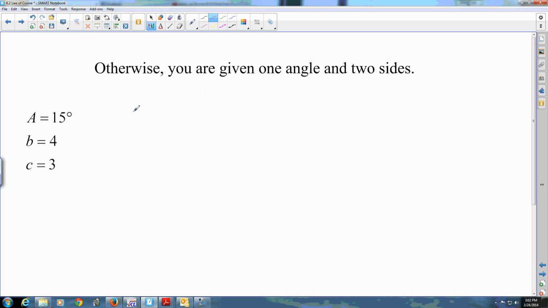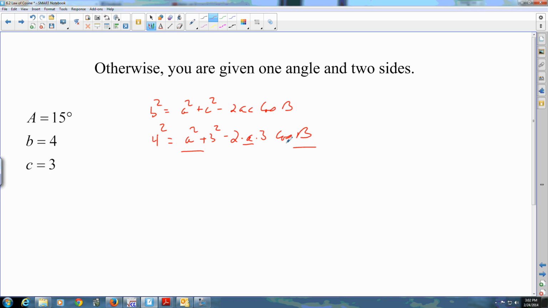If I tried to set up B squared is equal to A squared plus C squared minus 2AC cosine of B, I'm stuck. I'd have 4 squared is equal to A squared plus 3 squared minus 2 times A times 3 cosine of B. I'm stuck because I have two different variables in the problem.